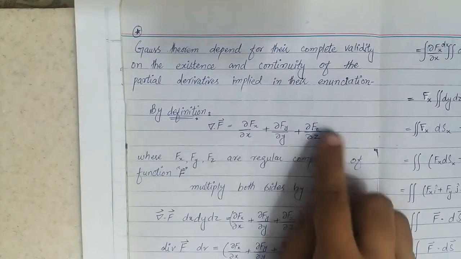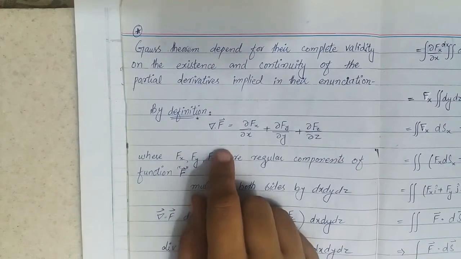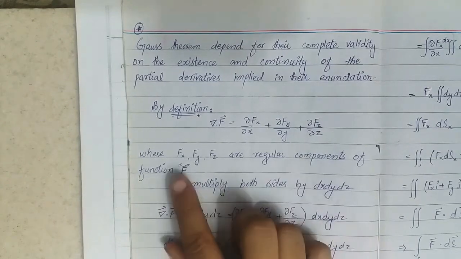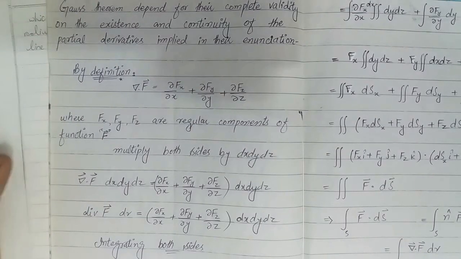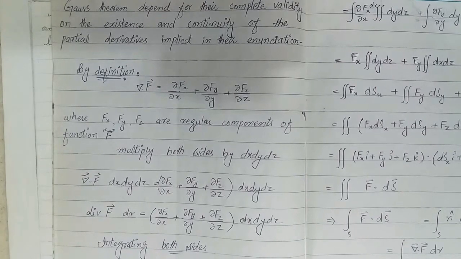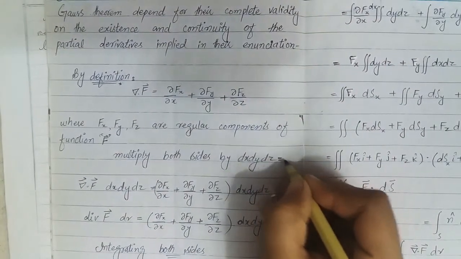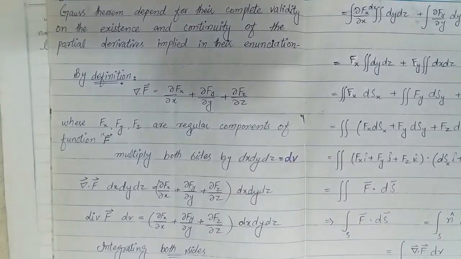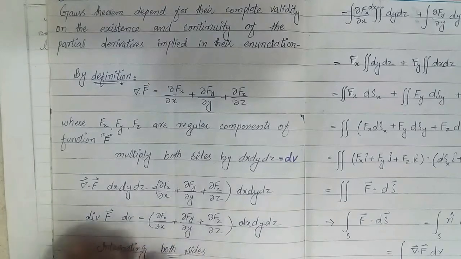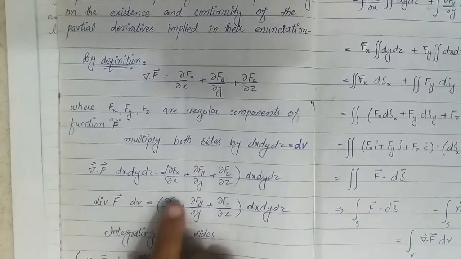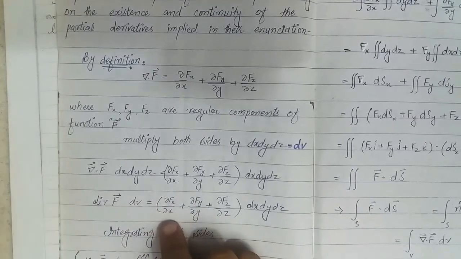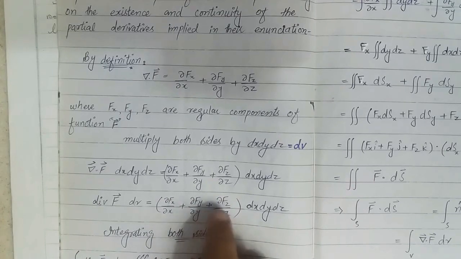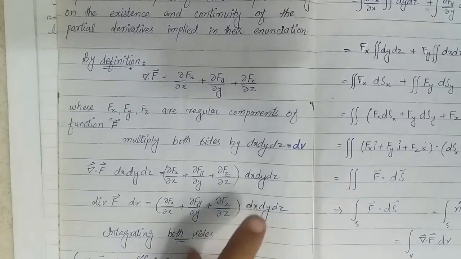Now multiply both sides by dV. As we are taking the volume element dV, where dx dy dz is equal to the volume element dV along the x-axis, y-axis and z-axis, the divergence of F dV is equal to partial Fx over partial x plus partial Fy over partial y plus partial Fz over partial z, into dx dy dz.